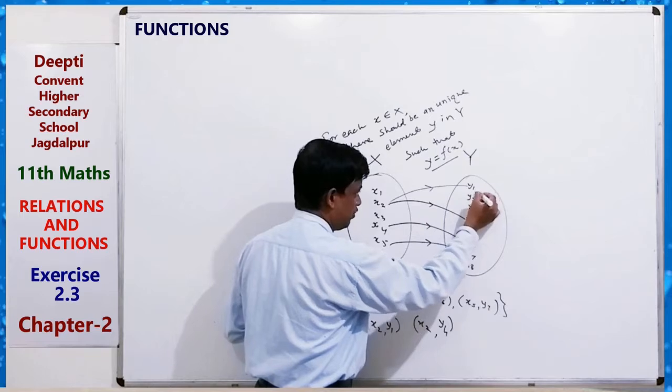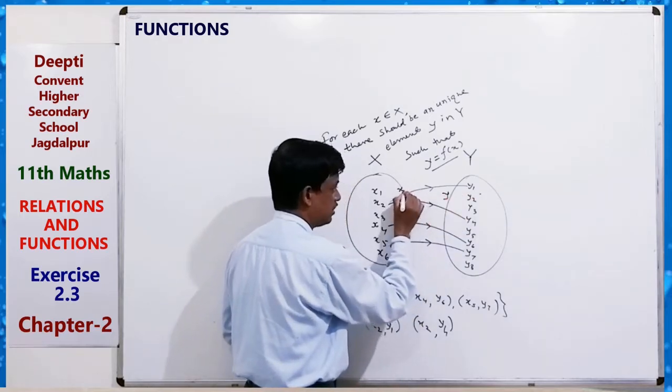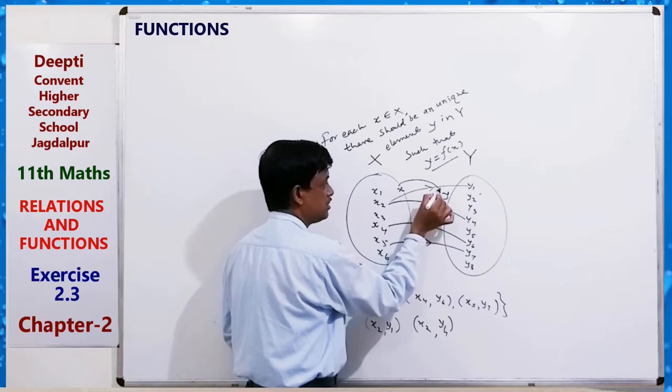Here there should be an element y for x; the image of x is y.